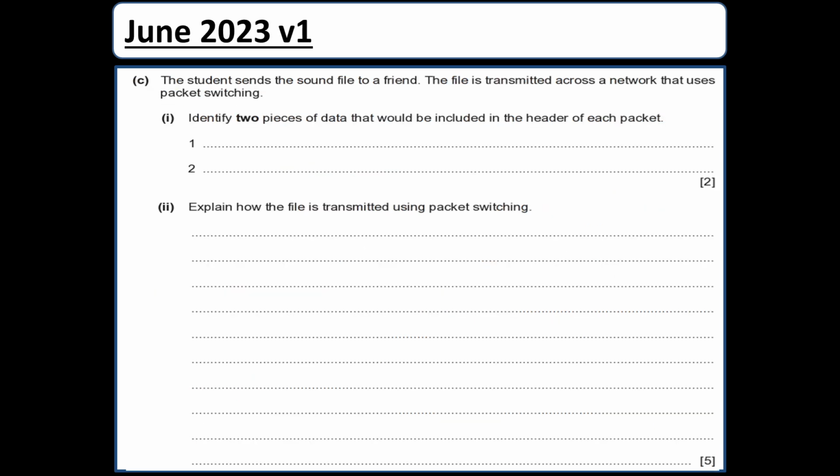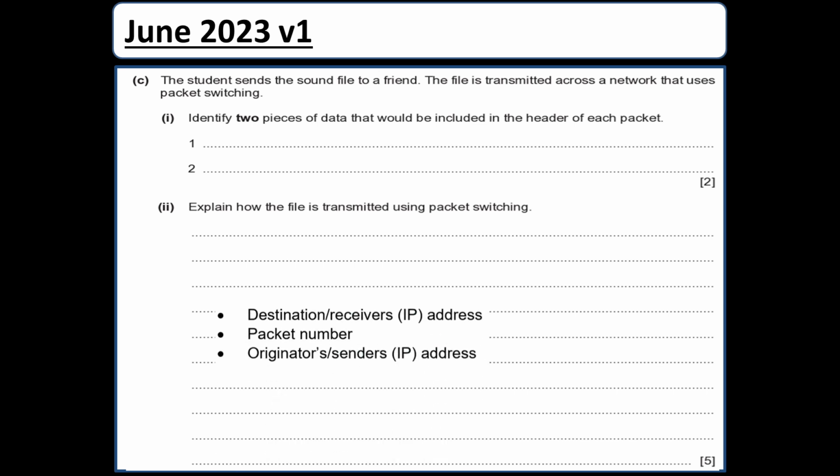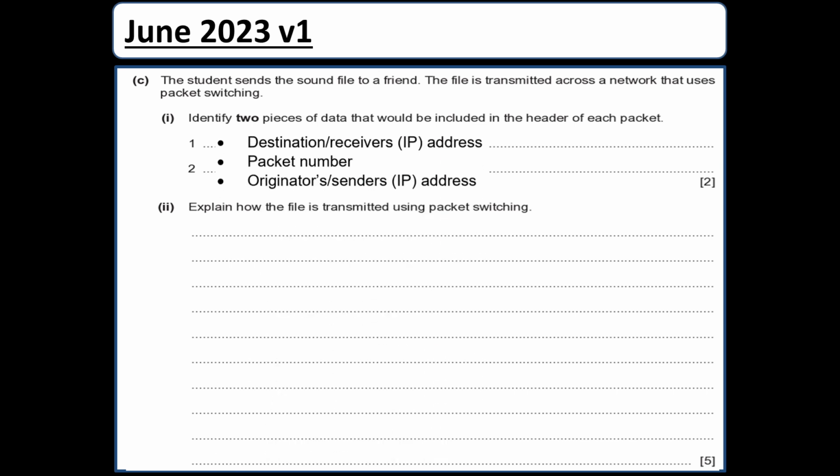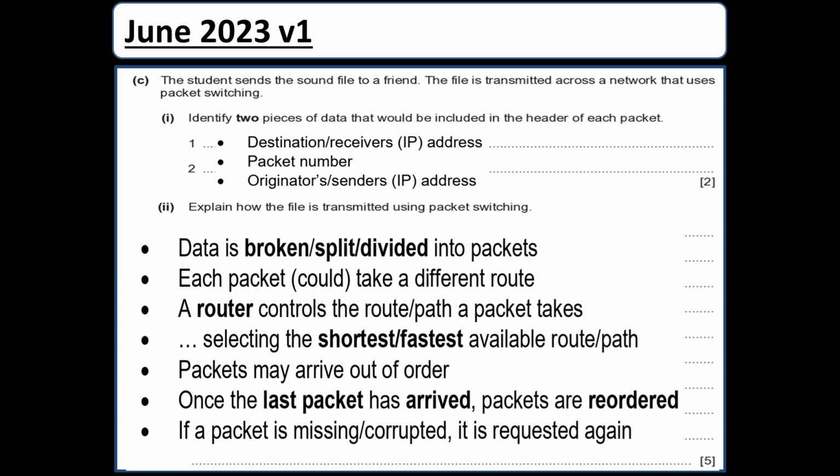In June 2023, they also asked this question: explain how the file is transmitted using packet switching. They want you to write it all yourself this time, and here is the mark scheme for that. Data is broken and split into packets. Each packet takes a different route. A router controls the route, and they will take the shortest path available.